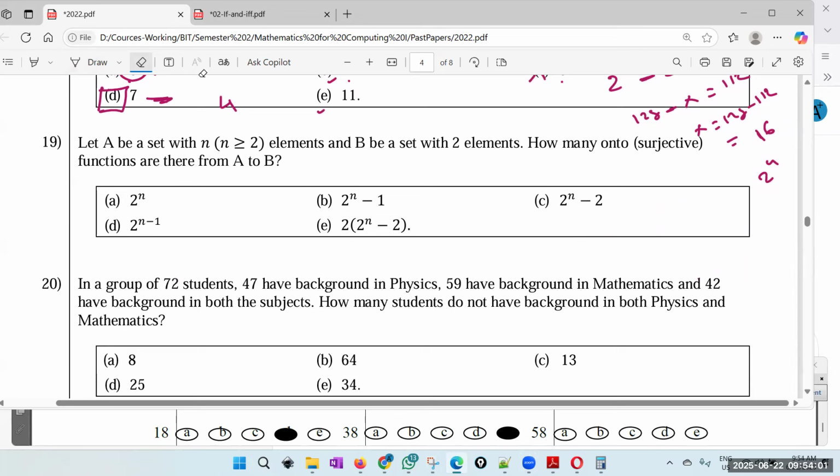Right, so that is a relation question, but it looks like it's more like a combination or permutation question.